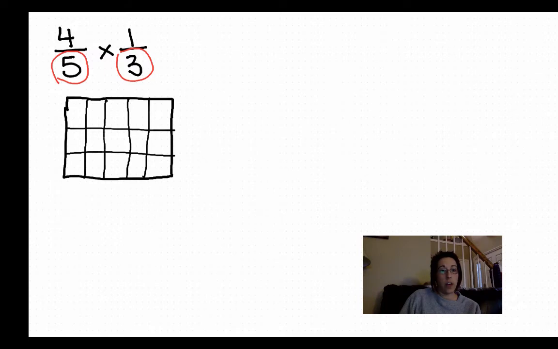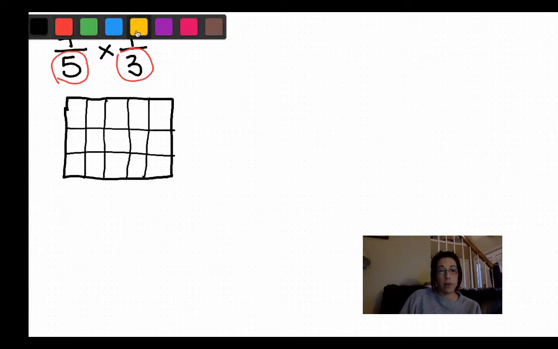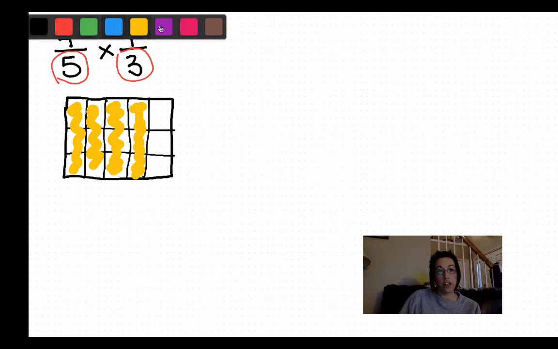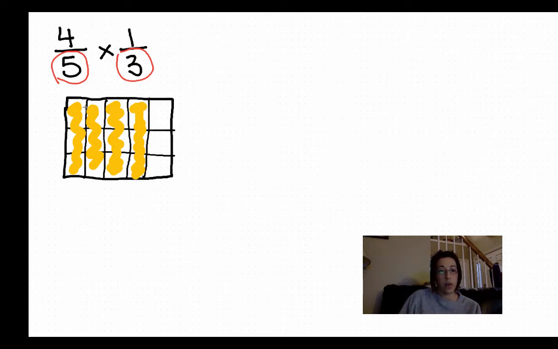Let's get some color here. I'm going to put my fifths in yellow, and that is 4/5. Fifths are going across this way. 1, 2, 3, 4/5 are colored yellow. I want 1/3, colored this pink color.